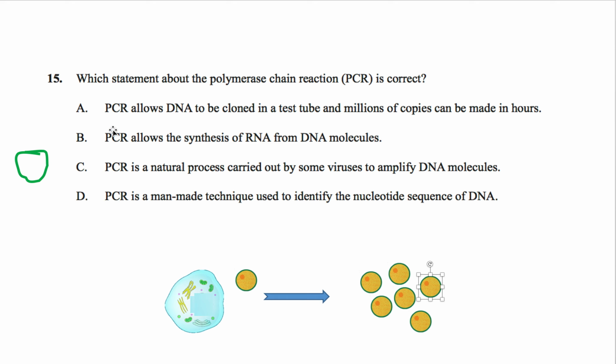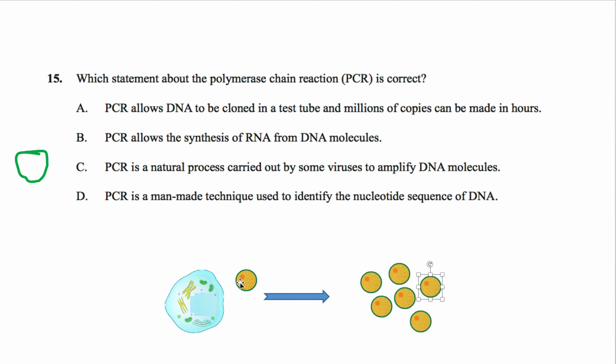So let's look at the options. Option A says PCR allows DNA to be cloned in a test tube and millions of copies can be made in hours. So that sounds correct. Let's see. Cloned, what does that mean to you? Cloned means to exactly duplicate. A PCR machine exactly duplicates this DNA. So all of these right here are going to be identical to this one.